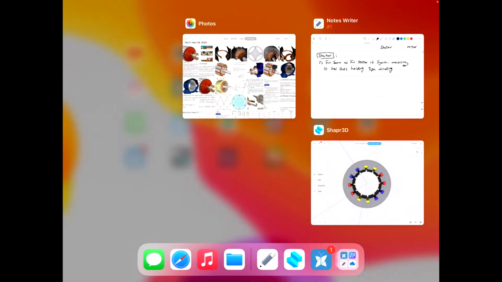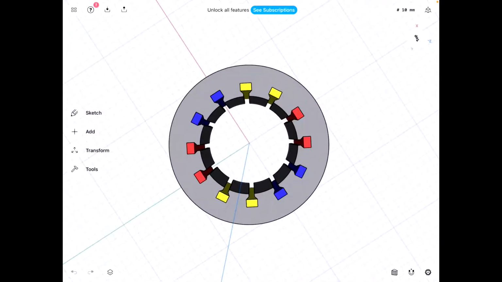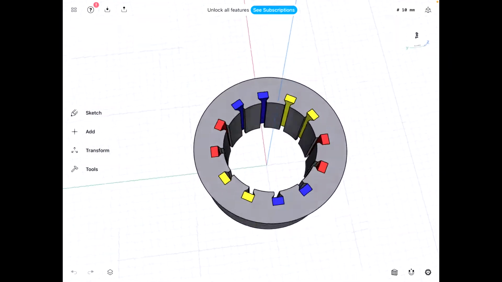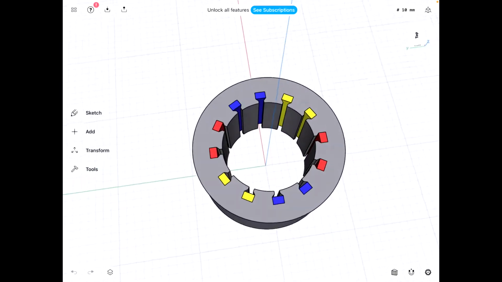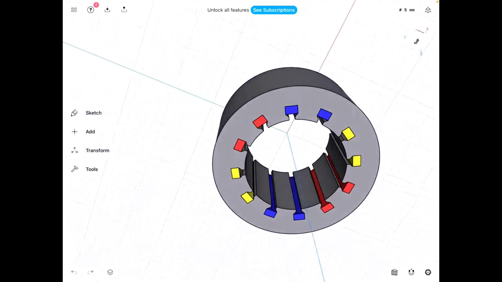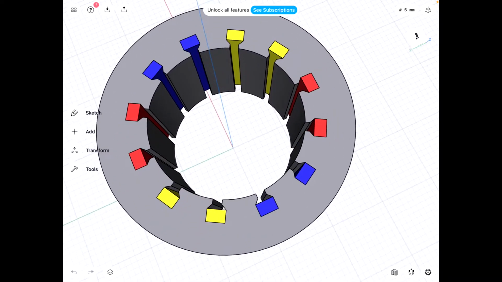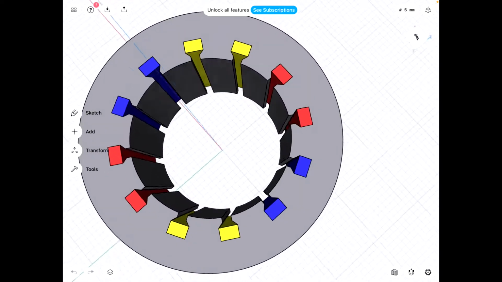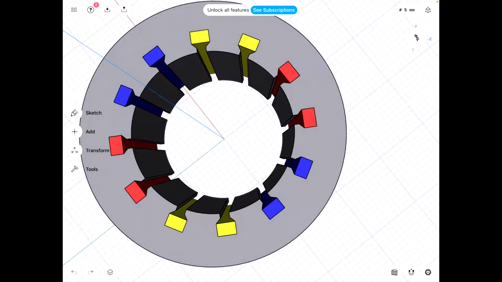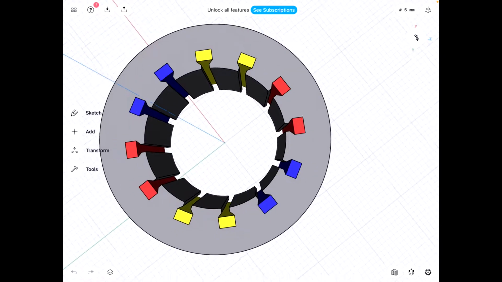If you remember when we looked at this before, when we were talking about the synchronous machine, that's how the stator of the machine looks. The gray part, the bigger part here, is the iron core of the stator, and it has internal slots where you place your winding. Those you've seen here as red, blue, and yellow, because they're three-phase windings.